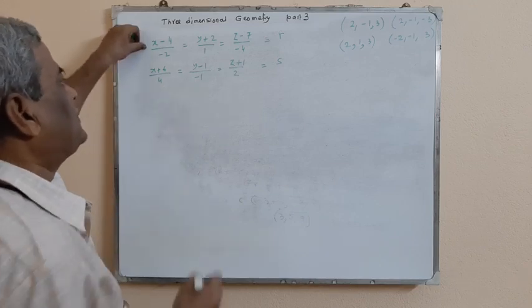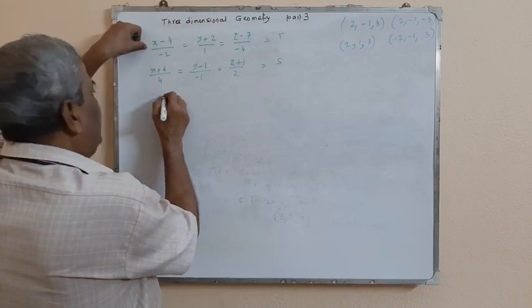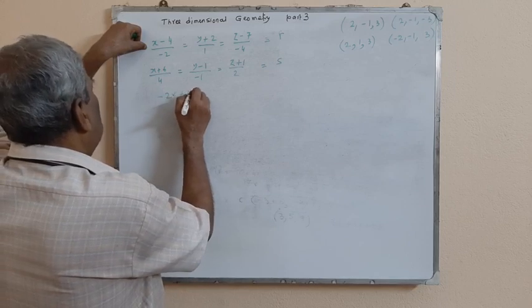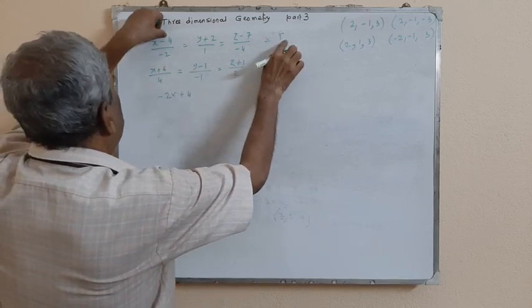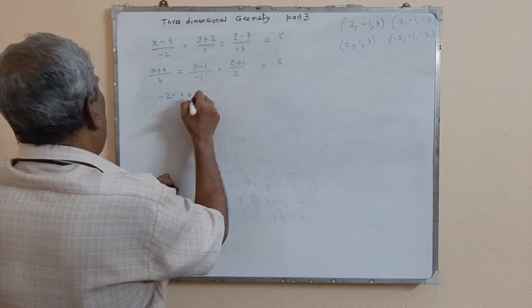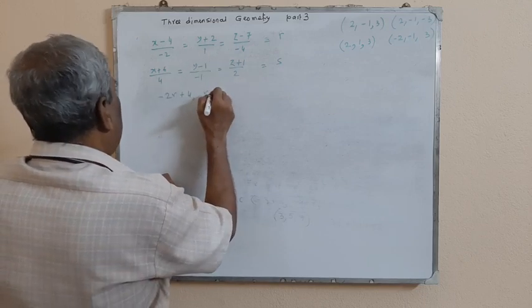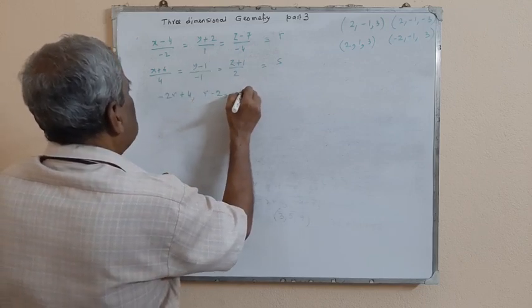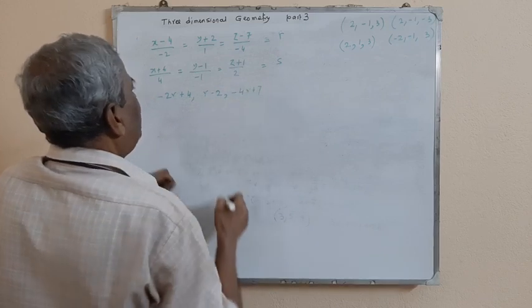Any point on the first straight line is (minus 2r plus 4, r minus 2, minus 4r plus 7).